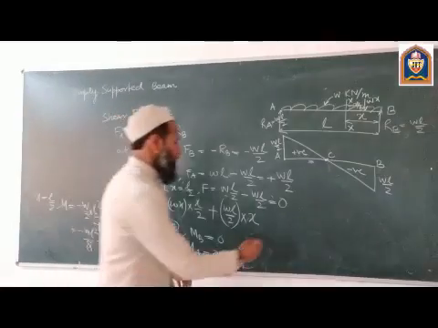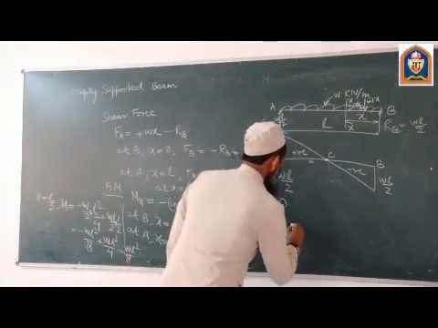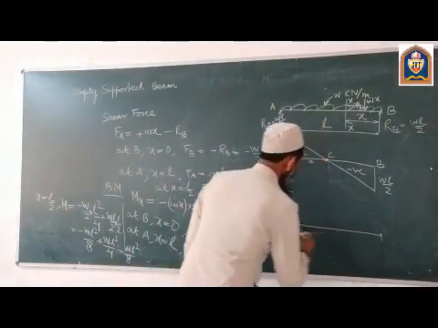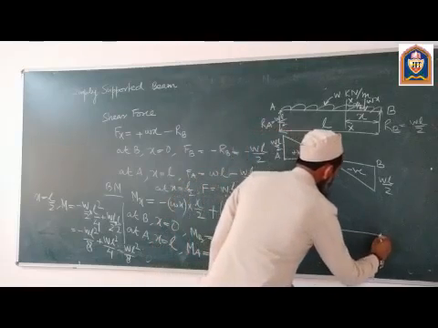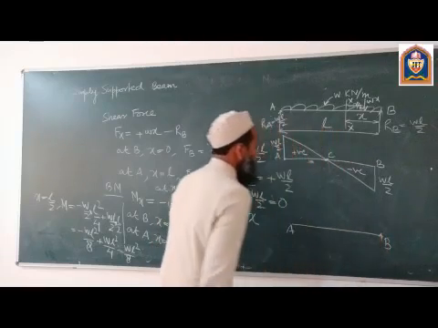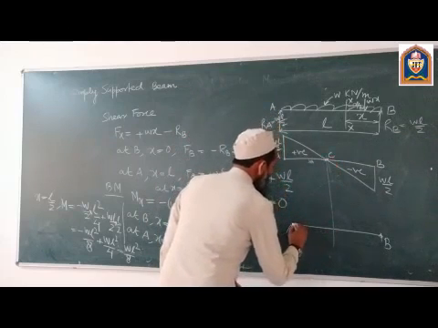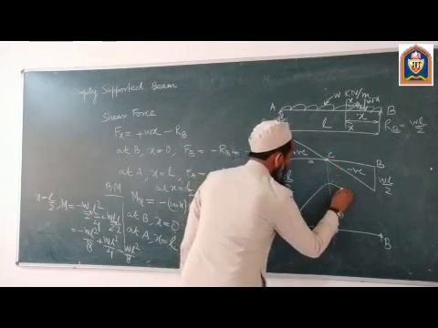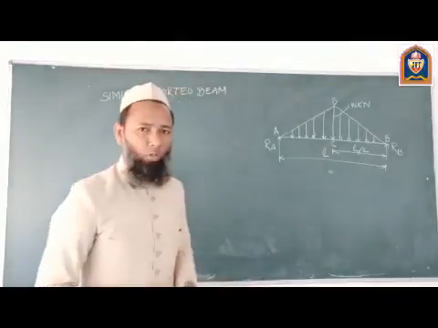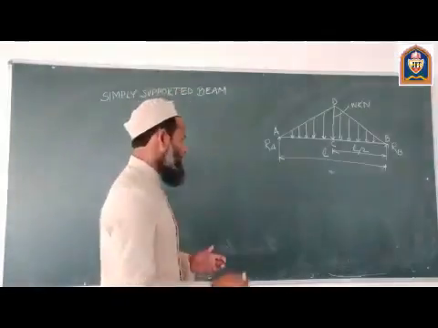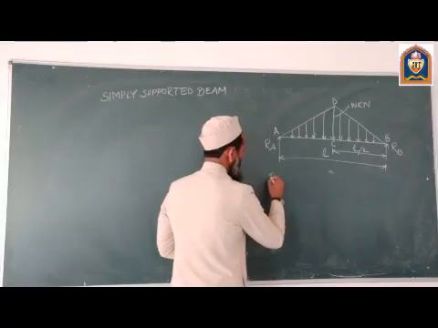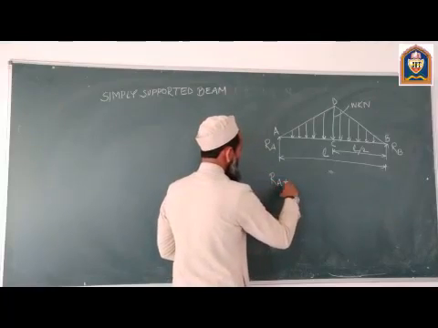So if we draw the bending moment diagram, at end A and at end B, bending moment is 0, and at point C, the bending moment will be maximum. Let us calculate the value of the reactions first. So we will balance the vertical forces.